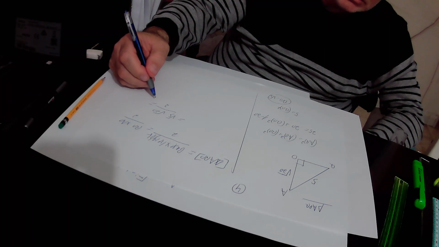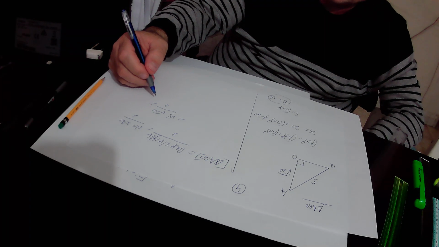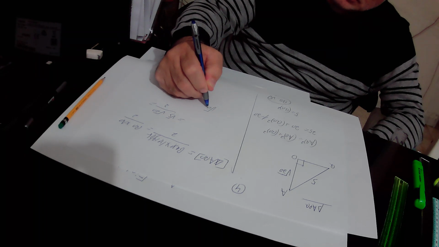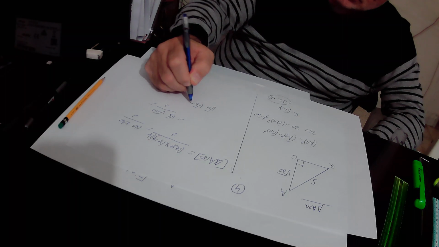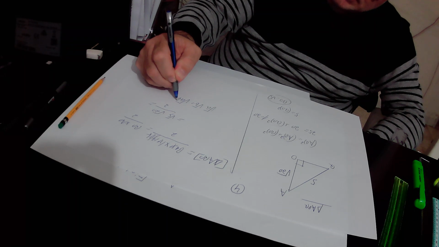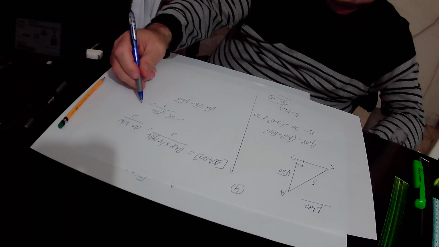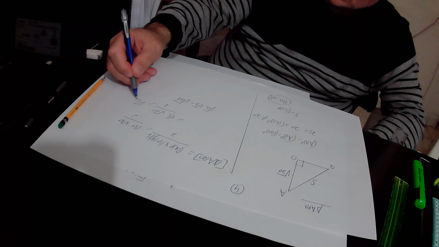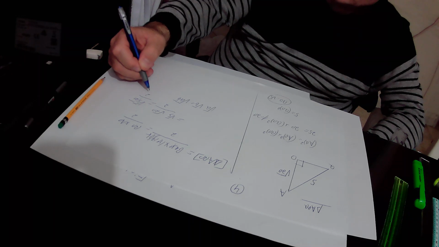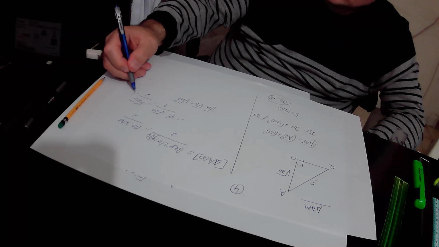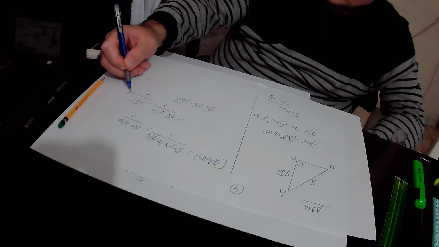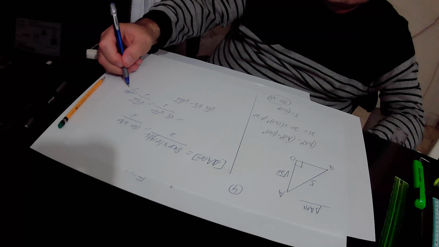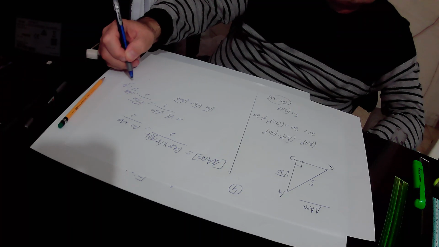According to the algebraic identity that the square root of A times square root of B equals the square root of A times B, we get that the square root of 5 times square root of 20 equals the square root of 5 times 20 over 2. 5 times 20 is 100, so it is the square root of 100 over 2. The square root of 100 is 10, and 10 over 2 is 5.